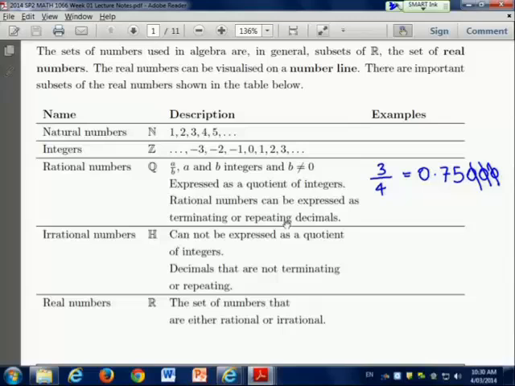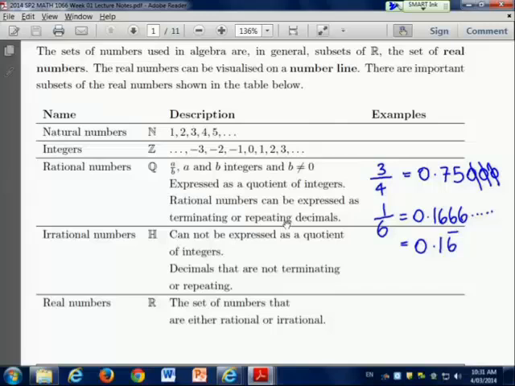So let's see. A sixth is 0.1666, and that 666 goes forever. So the 6 repeats. So there is a way to write this so that we don't have to write all the 6s. We put a bar over the 6, and that means that 6 goes forever.